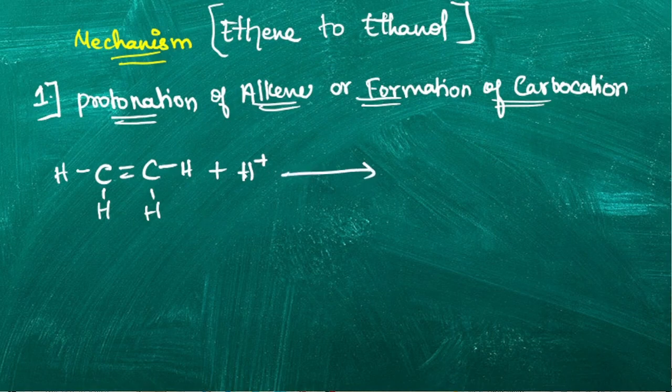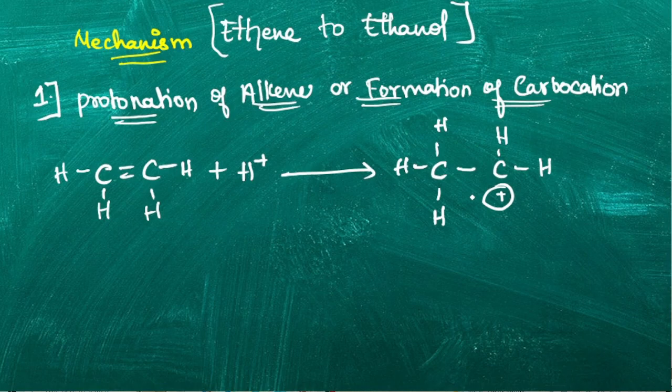This H plus will go and attach to one of the carbons, forming CH3, and the double bond will be broken into a single bond, with only 2 H on the other carbon, forming the carbocation. So protonation of alkene resulting in the formation of carbocation is your first step.